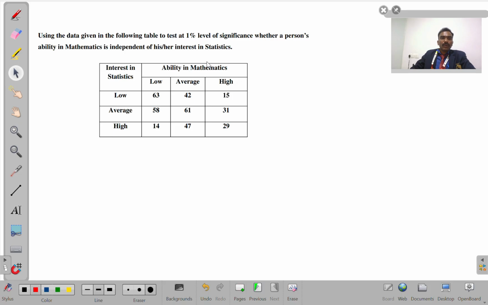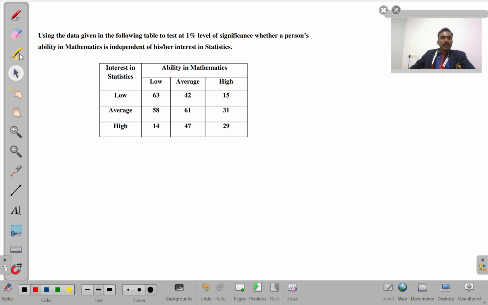So here we are going to analyze whether the interest of a student in mathematics and statistics are related or not. Ability in mathematics and interest in statistics are both given in the table, categorized into three categories: low, average and high.